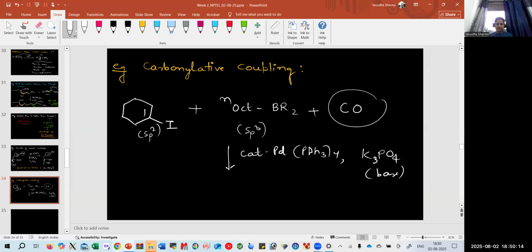Now this carbonyl group will get inserted. Generally, we would have N-octyl directly. Now C double bond O will insert and N-octyl will be here. So this is basically your carbonylative coupling.